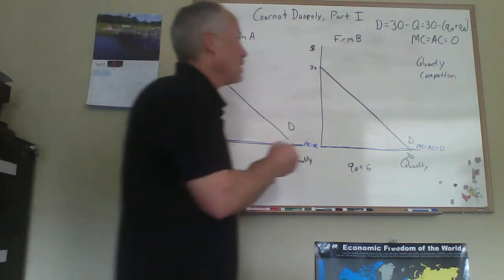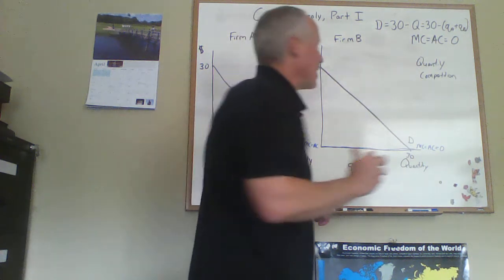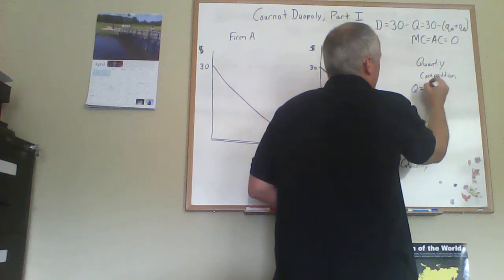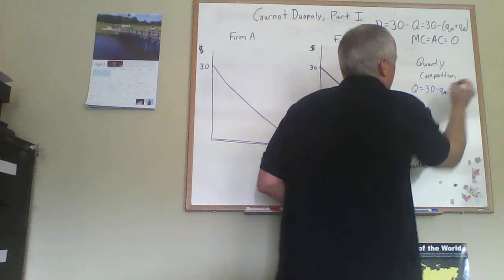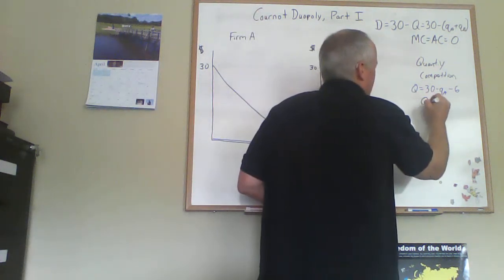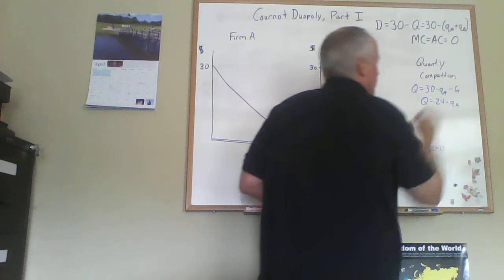To see that, suppose you set QB equal to 6 and rewrite the demand function. For firm A, that would be 30 minus QA minus 6. If you simplify that, then it would be Q equals 24 minus QA.